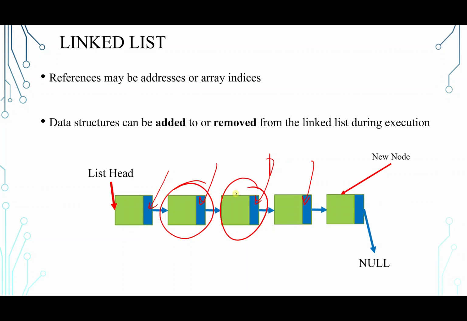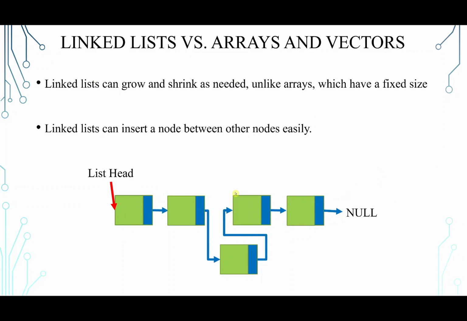Data structures can be added to or removed from the linked list during execution. As we said, it's dynamic. A linked list is a dynamic structure. If we talk about linked lists versus arrays and vectors, a linked list can grow and shrink as needed. You can delete on the spot. You can insert on the spot. What I mean is it's not of a fixed size.